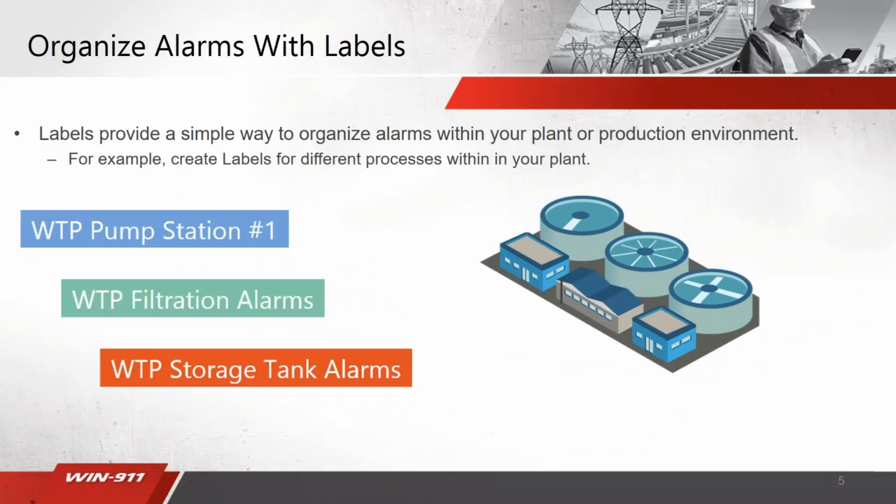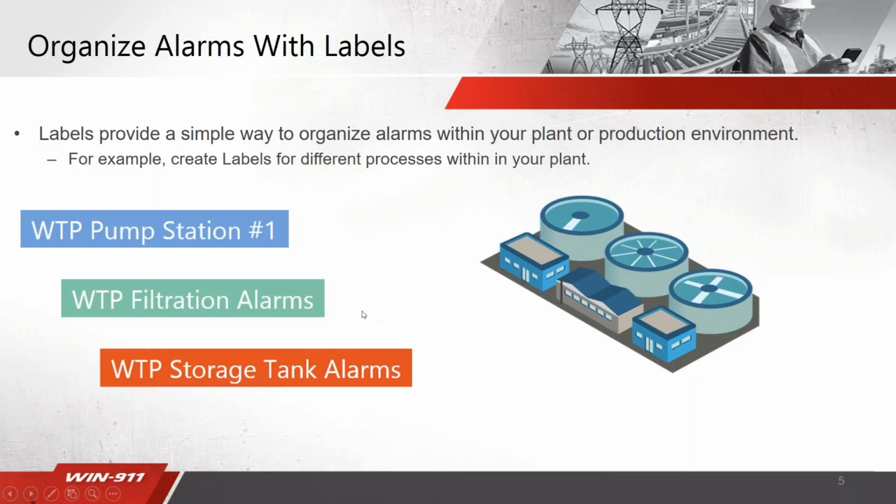In the same way, with labels, you organize your alarms. How would you create your labels? Again, it depends. If some people need to know about some alarms and other people need to know about other alarms, create your labels in a way that you could facilitate that in your tactic later on.